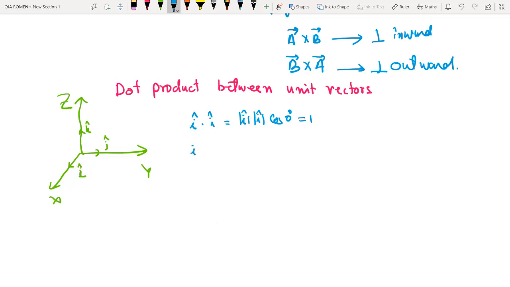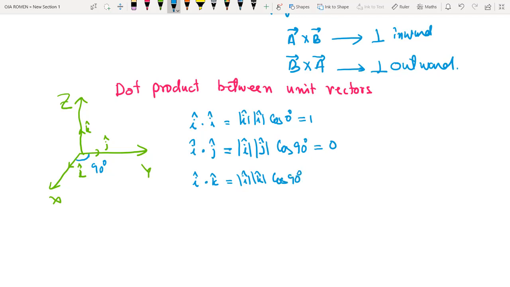Then I dot j equals magnitude of I, magnitude of j, cos of the angle between I and j, which is 90 degree. Cos 90 is 0. Then I dot k equals 0, similarly, since the angle between I and k is 90 degree.